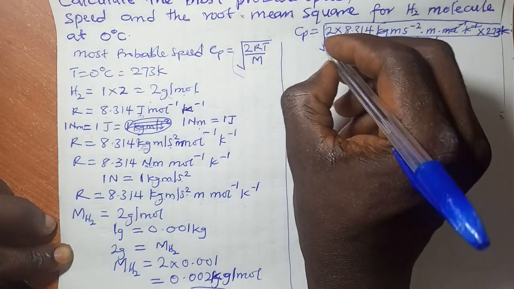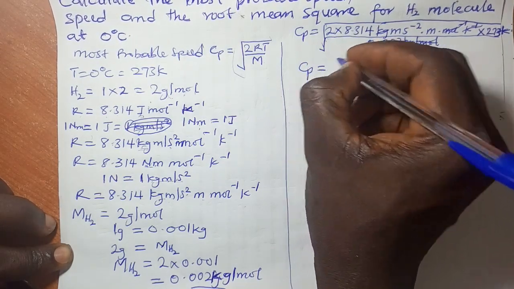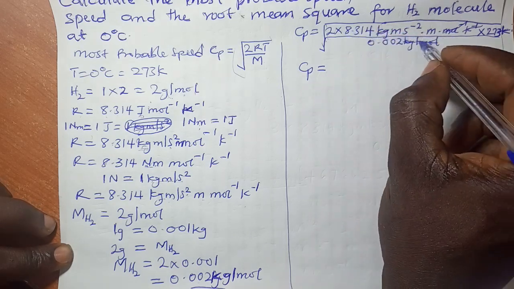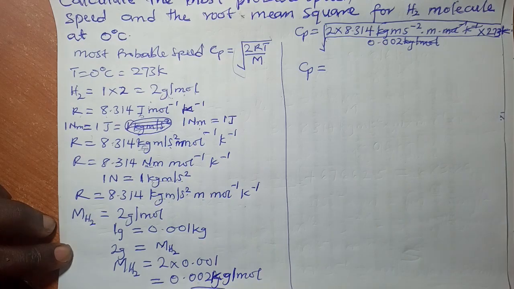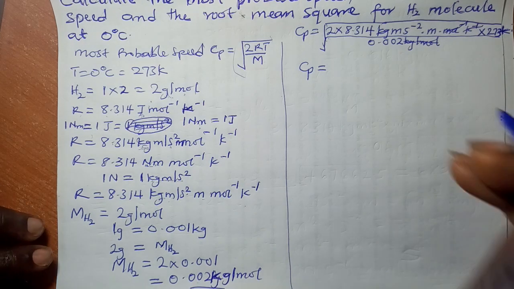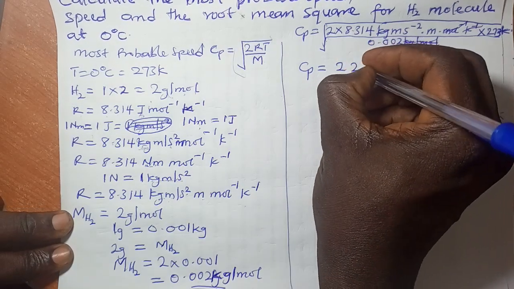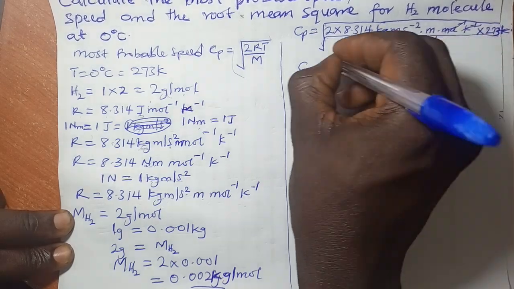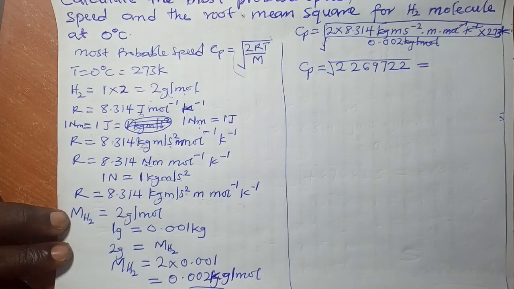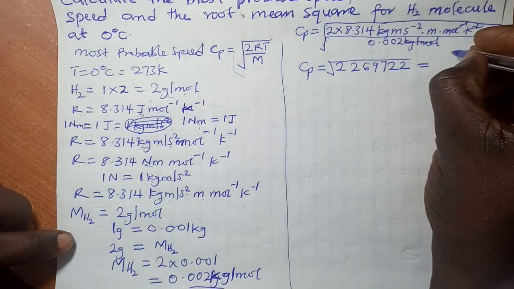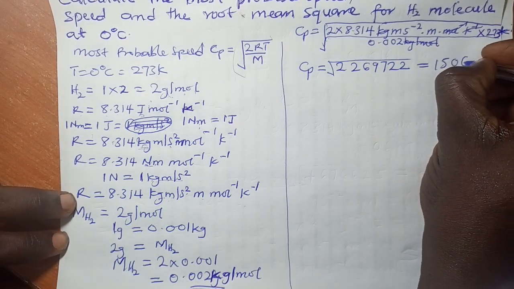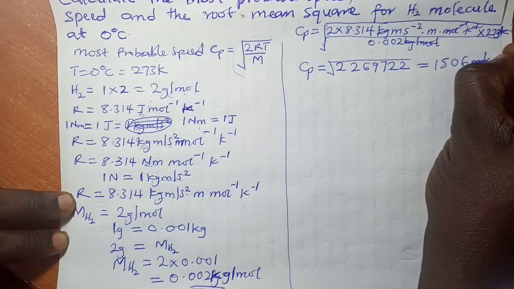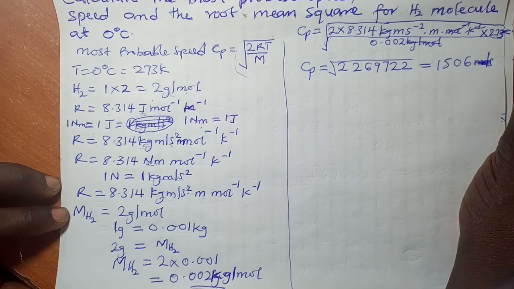So you will be left with Cp equal to, if you calculate this times this times this divided by this, 2269722. So if you find the square root, you will have 1506 meter per second. Before I put this meter per second, let's analyze how it is the meter per second.